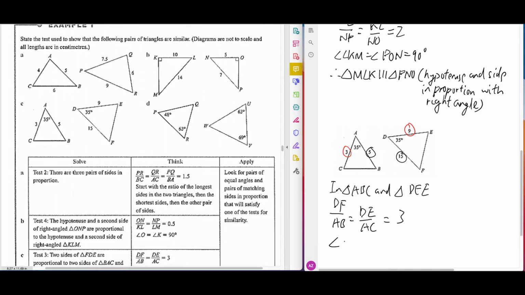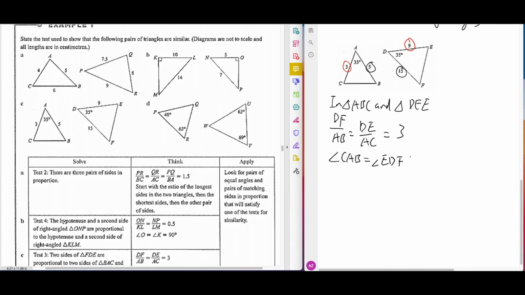And then we can say angle CAB is equal to angle EDF. So these 2 lines of reasoning are enough to show that they're similar, because there are 2 sides in proportion and the included angle is equal, right? So we can say, therefore, triangle ABC is similar to triangle DEF. There should be an F. I don't know why I wrote the E.